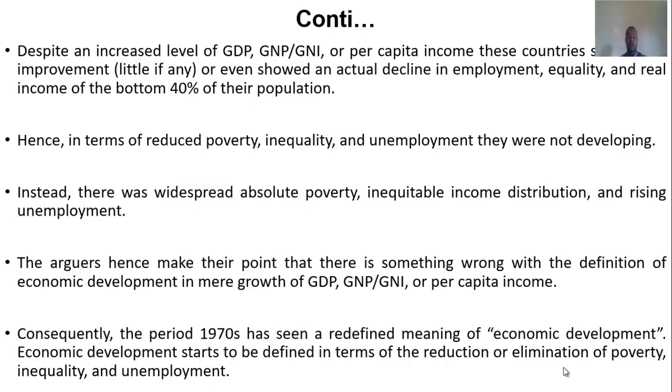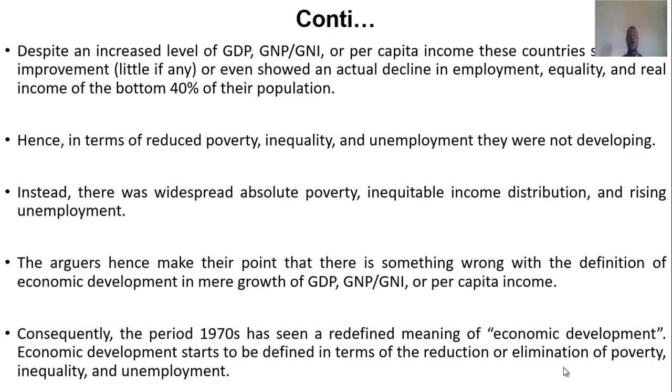As a result, the countries failed to tackle poverty, failed to tackle inequality between rich and poor, and failed to create jobs for the vast majority of the population. And they were not developing in that respect. Instead, there was widespread poverty, inequitable income distribution, and rising unemployment.